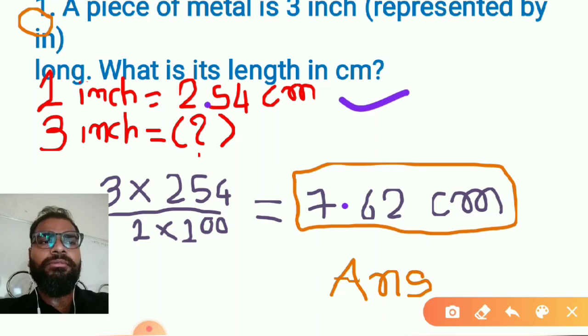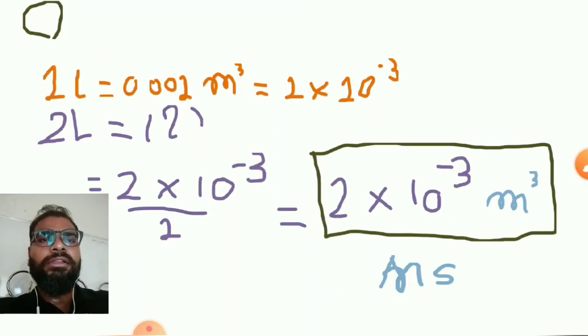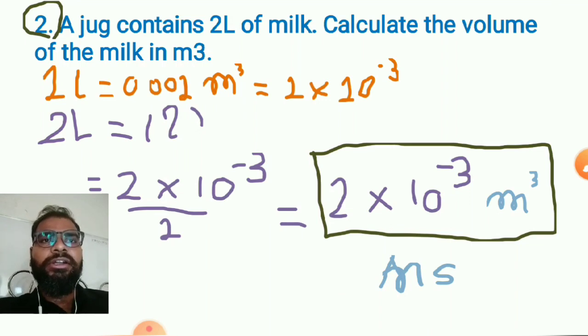Then the second question: a jug contains 2 liter of milk. Calculate the volume of milk in meter cube. 2 liter of milk is given and we have to convert into meter cube. So 1 liter is equal to 0.001 meter cube, this we should know.